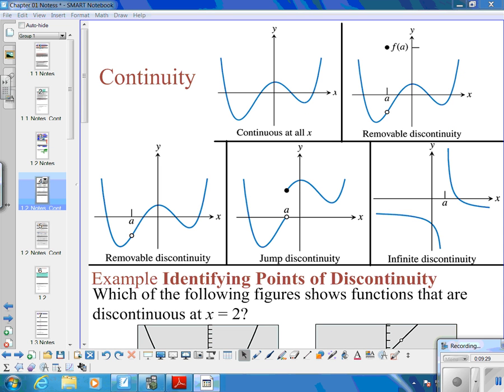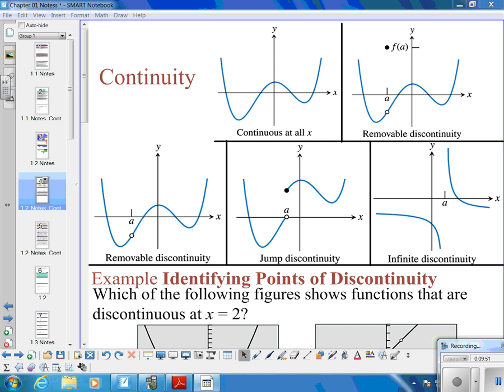The next element of a graph that I'll talk about when analyzing a graph is continuity. That's basically asking, is the graph continuous or does it have some sort of discontinuity? Sometimes I may ask, is it continuous or non-continuous?